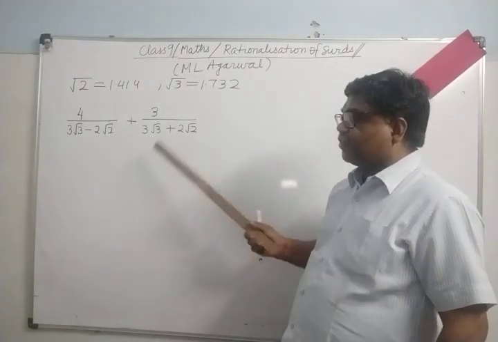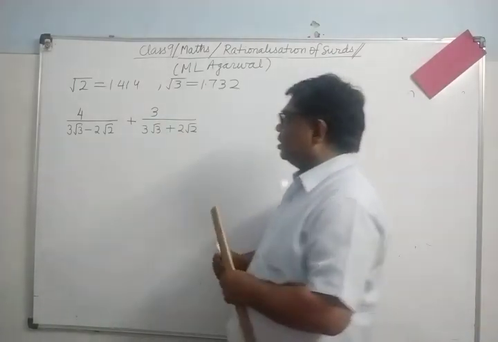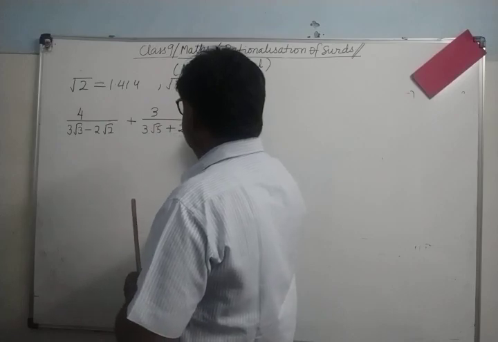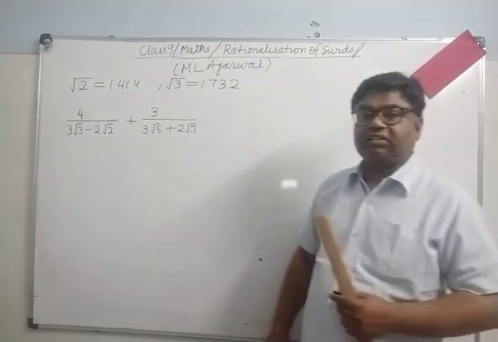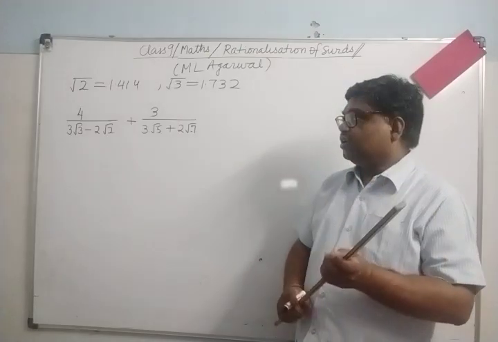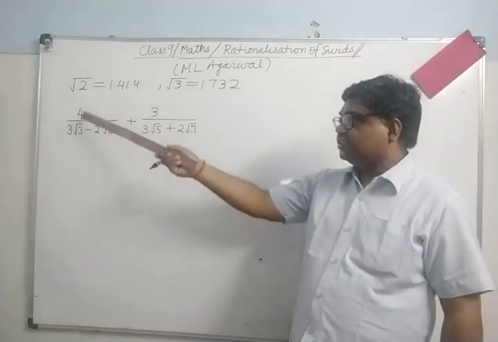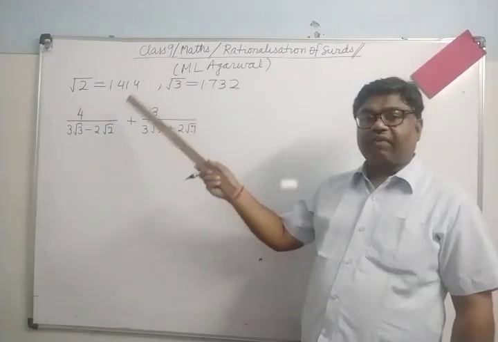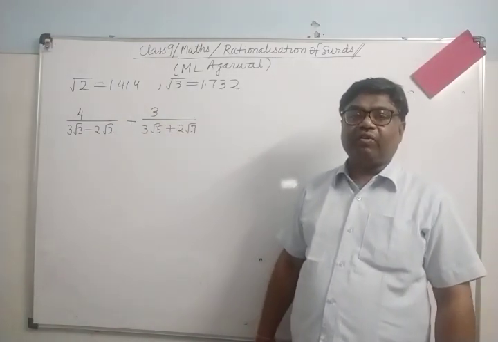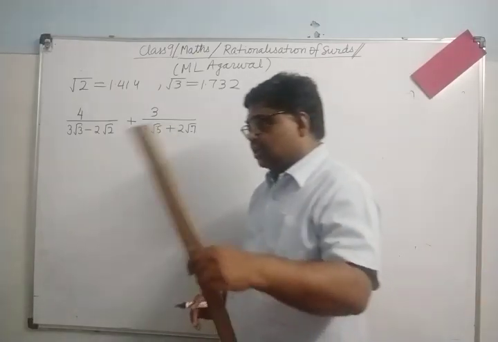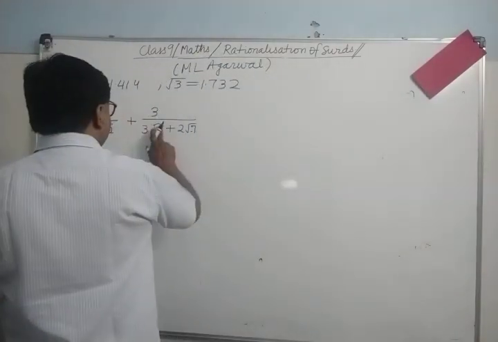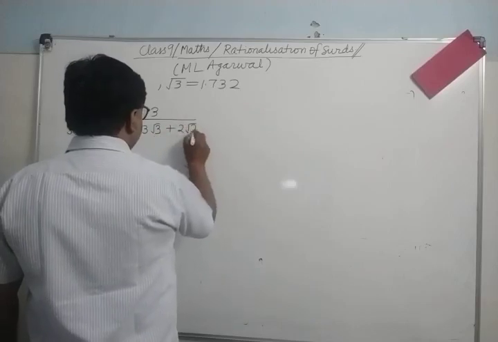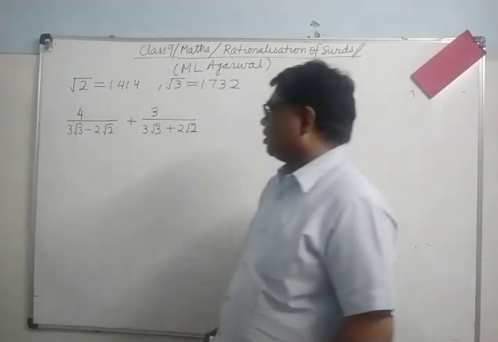If they are something different, suppose here it is 3 root 5 and 2 root 7, then we have to rationalize the denominator here as well as here, and after that find the value. But here it is not so. Here the denominator of one fraction is the RF of the other fraction.